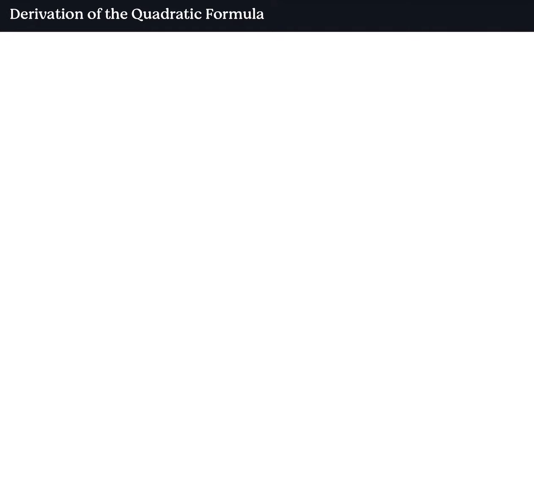So let's begin. We start with an expression. We have a polynomial, ax squared plus bx plus c, and that equals 0, right? And we want to solve this equation for x. This is a general form of a second degree polynomial where you have coefficients a, b, and c.